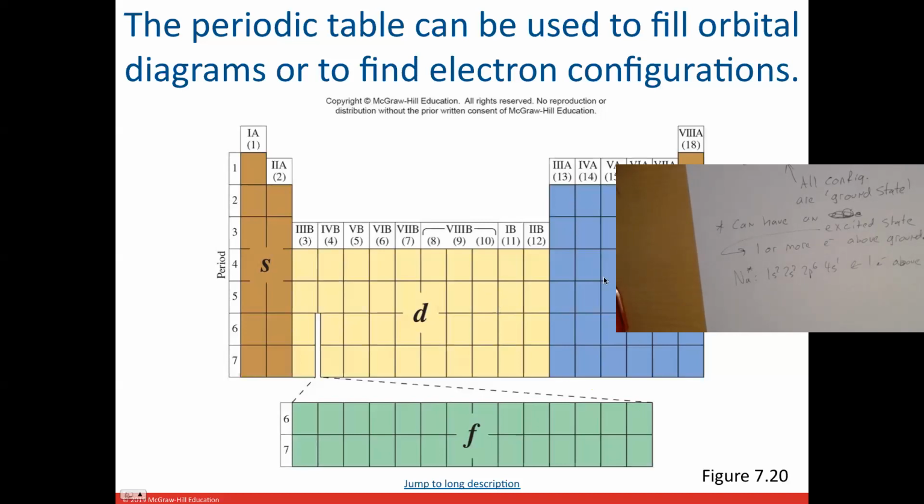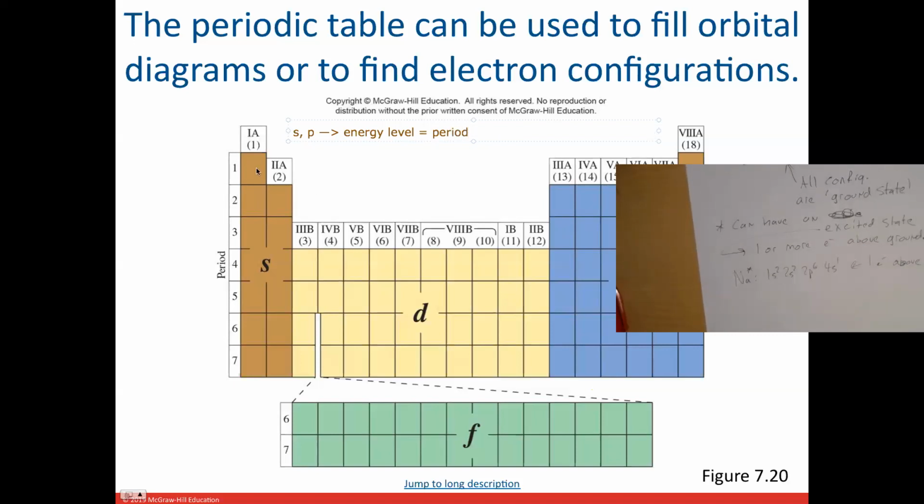There's kind of some tricks for this. For the s and the p that I'm filling, the energy level is equal to the period.